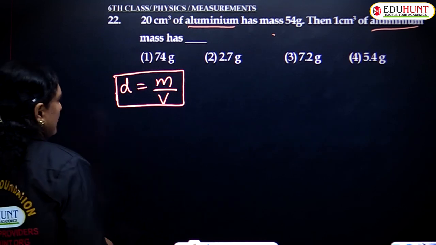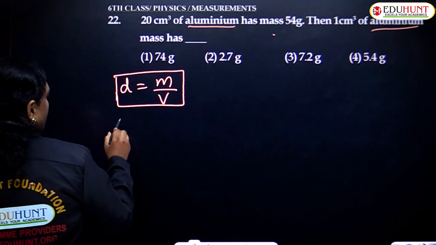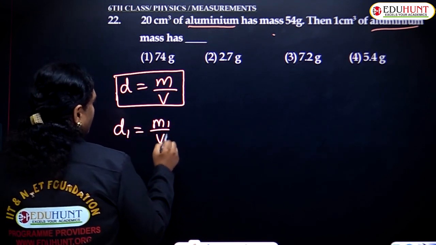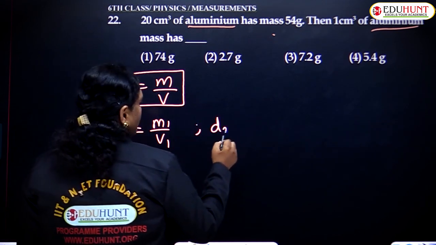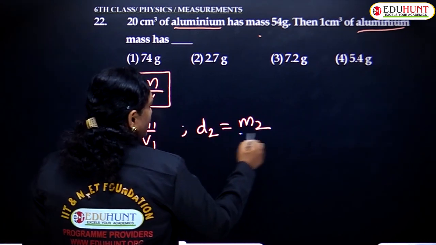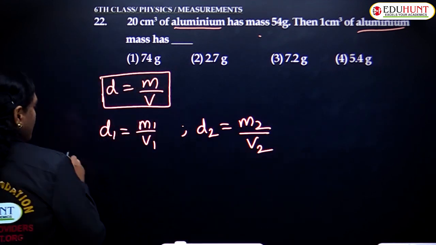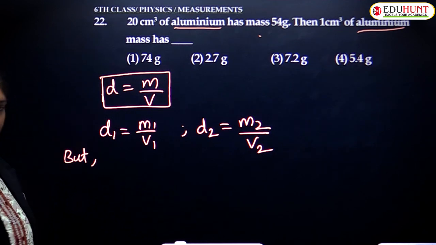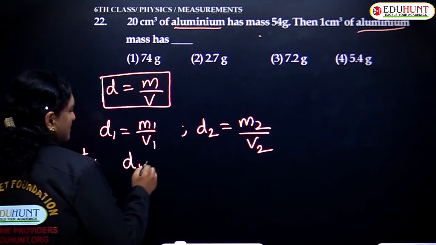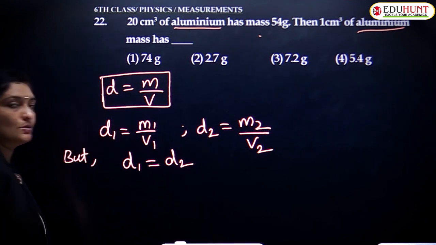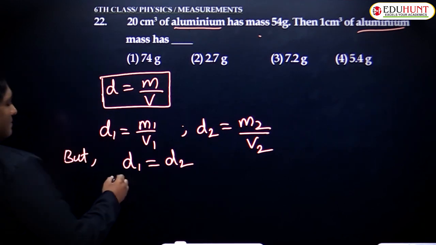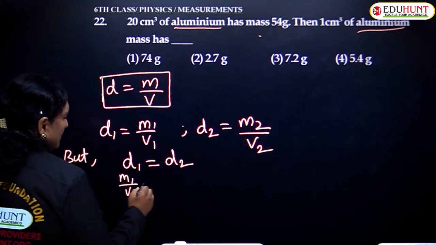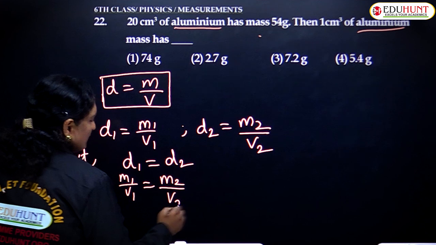So let us consider that in the first case, density D1 is equals to M1 by V1. Second case, let us consider it as D2, which is equals to some other mass by some other volume. But since in both cases we are considering the same material, it has the common density. So clearly D1 must be equals to D2. So because both are aluminium only. So what is D1? M1 by V1 must be equals to M2 by V2.